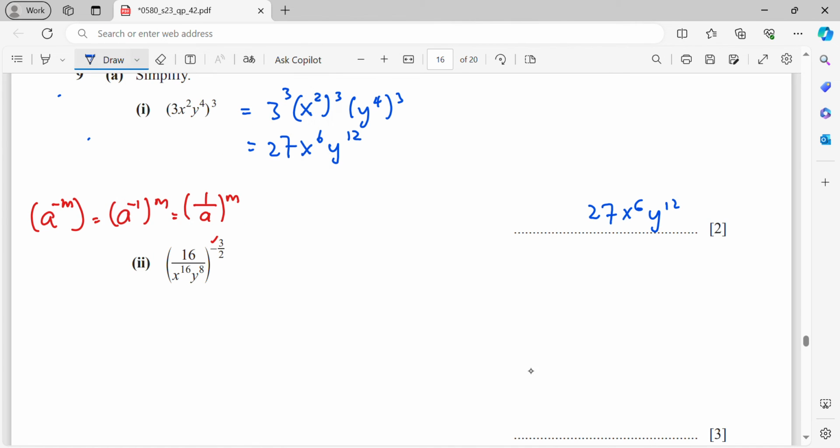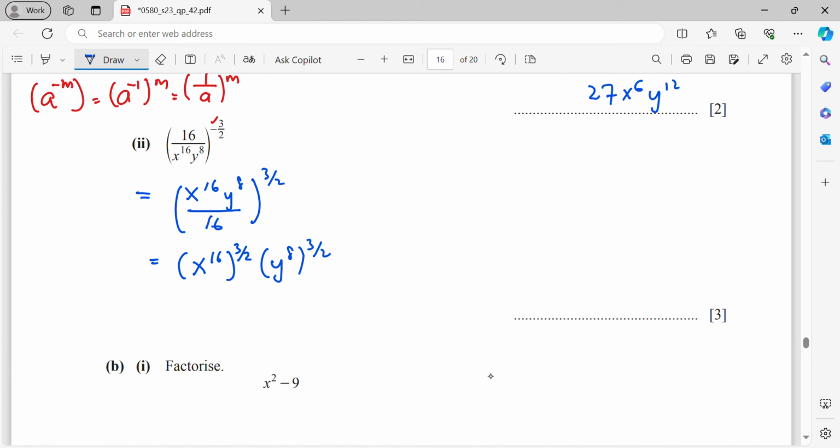So when you take 1 over, it will be x power 16, y power 8 over 16, all to the power of 3 over 2. Then from here, I will bring in the power. So it becomes x power 16 to the power of 3 over 2, then y to the power of 8 with the power of 3 over 2, then the 16 also with the power of 3 over 2.